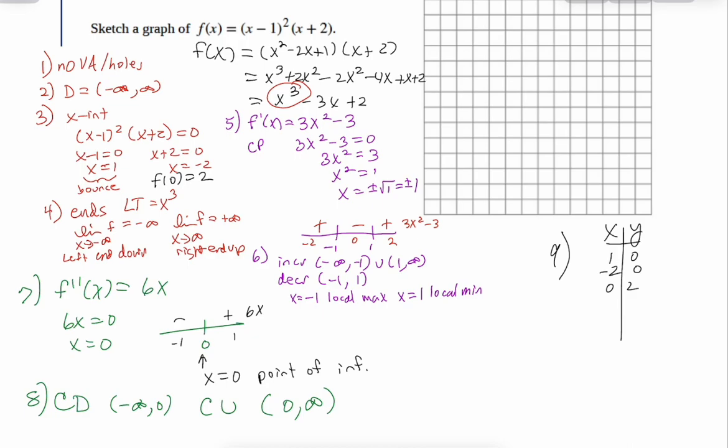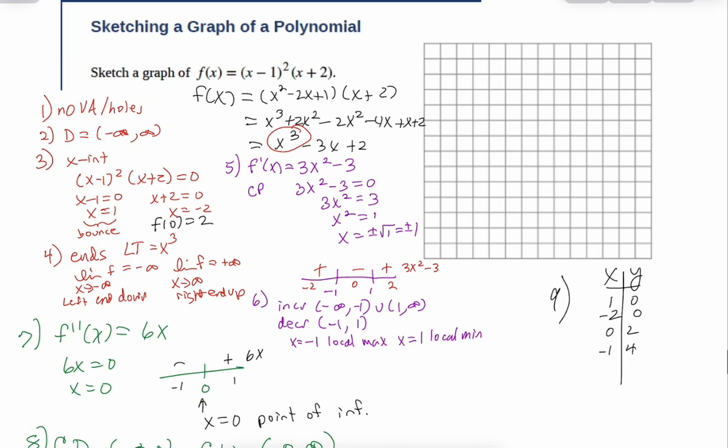In step 5, we found we had critical points at 1 and -1. We already plugged in 1, so let's plug in -1. If you plug in -1, you get 4. We also found a spot at 0, but we already have that, 0 is the 2. So let's put in some things we know. So let's actually get to the graph.